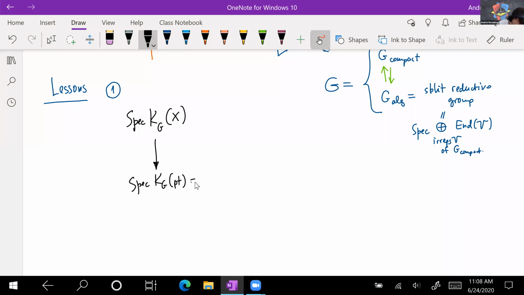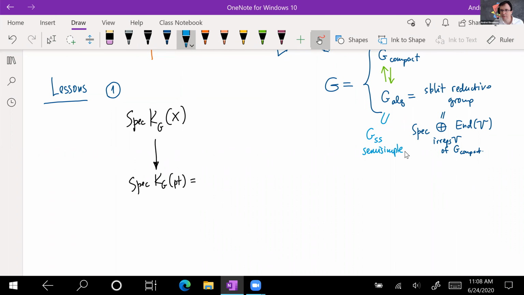So what we have here, you can think of there being a subset formed by semi-simple elements. If I look at conjugation invariant functions, they only separate semi-simple elements.